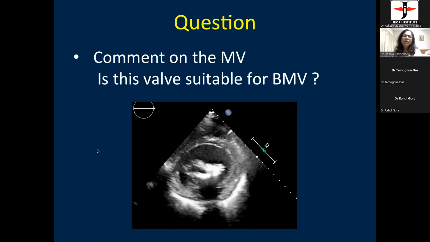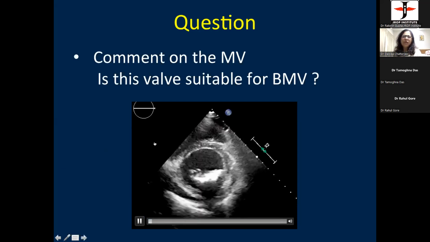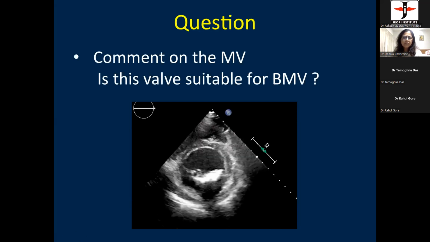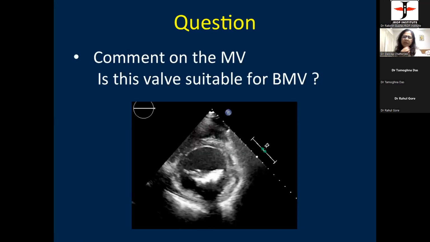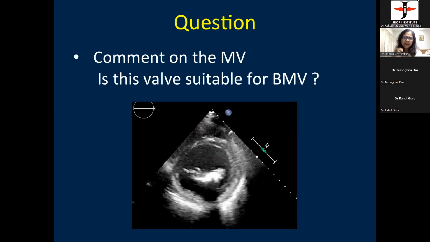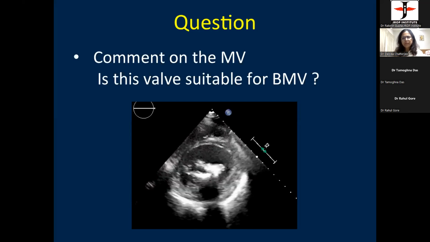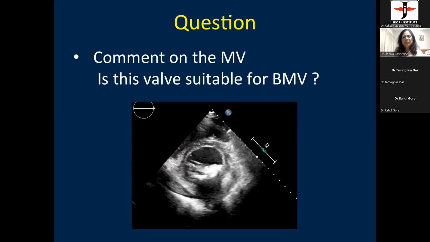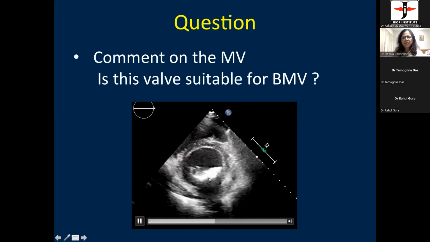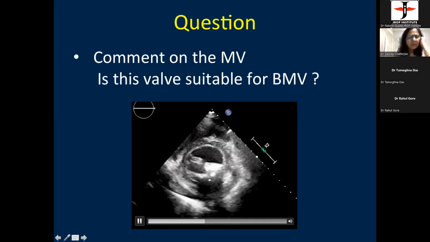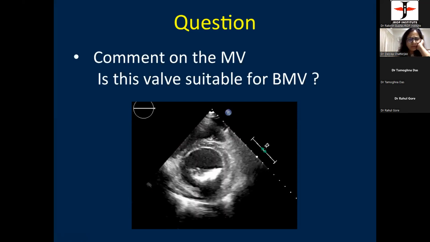Do you think this valve is suitable for balloon mitral valvuloplasty? For suitability, we need to see many other things also. There is calcification at the commissures, and thickening can be calcification also, which is not suitable for balloon valvotomy. Commissural involvement. Which commissure is involved?